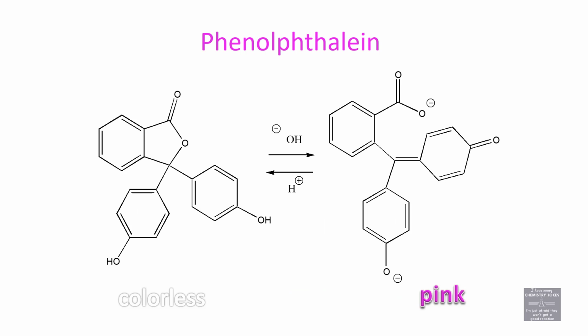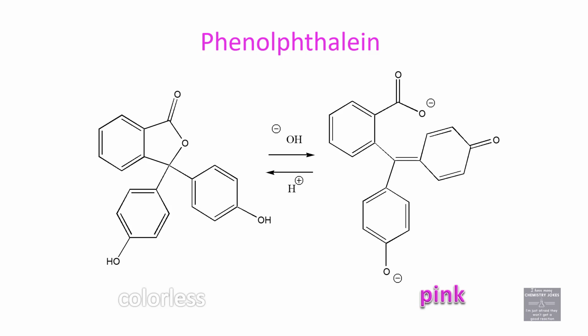Check it out. You have maybe done a titration before in your life and used phenolphthalein in that titration. This compound on the left is a colorless compound because there's not sufficient conjugation in it. The compound on the right does have enough conjugation to appear colored. It's pink, in fact.